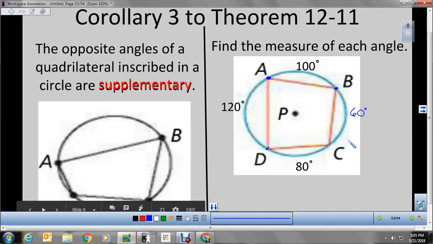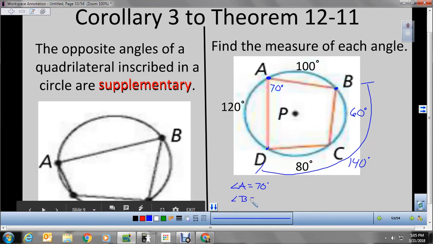It's an inscribed angle, so we're going to take half of it. So if we mark it from here all the way around to here as 140 degrees, then angle A is going to be half of 140, which is 70. So angle A is equal to 70.